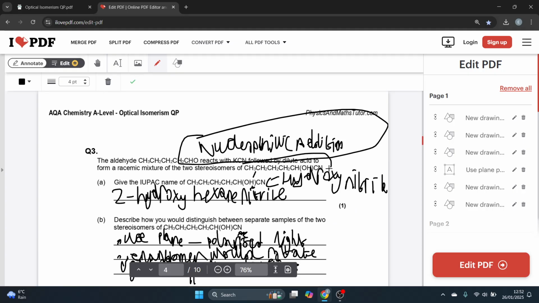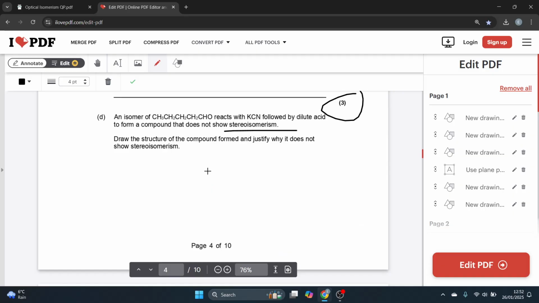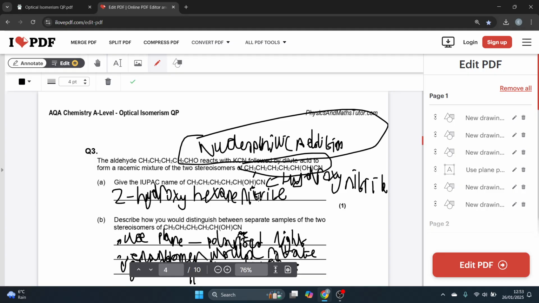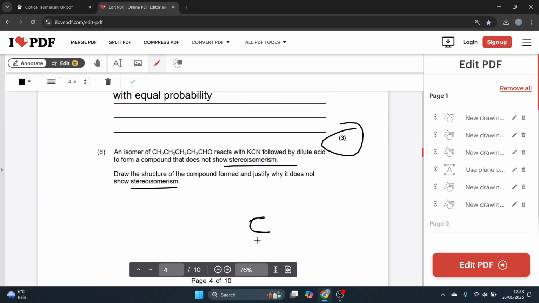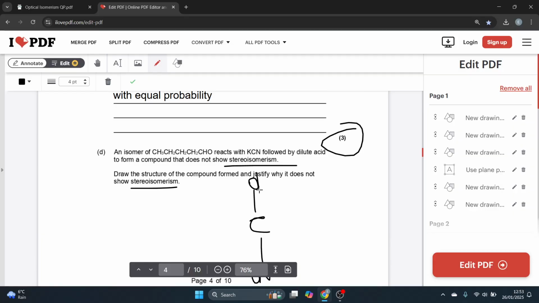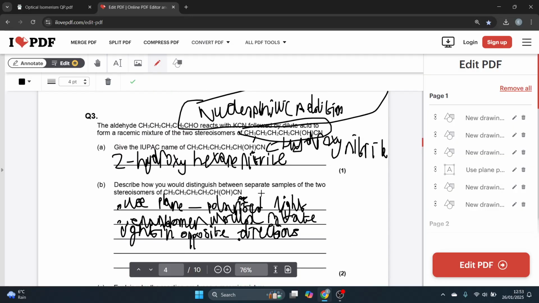So I know I formed this, but what I know is that it does not show stereoisomerism, therefore it's not got a chiral carbon. So I've got my carbon, I've got obviously a CN and an OH group, which are separate groups, and then I've got CH3 CH2.